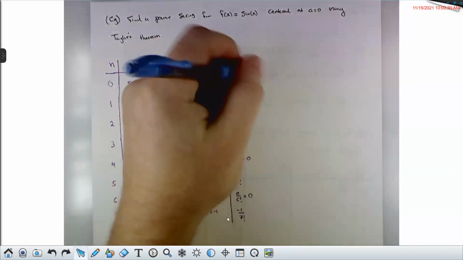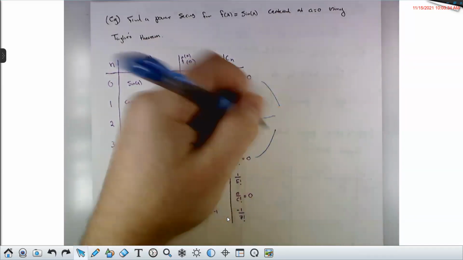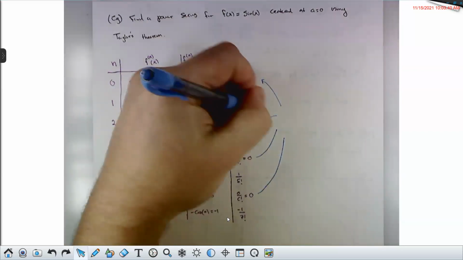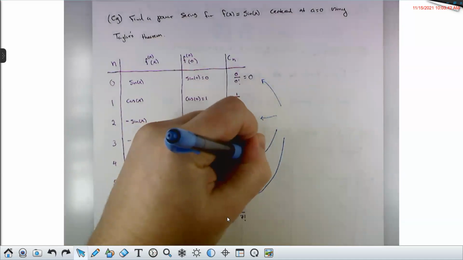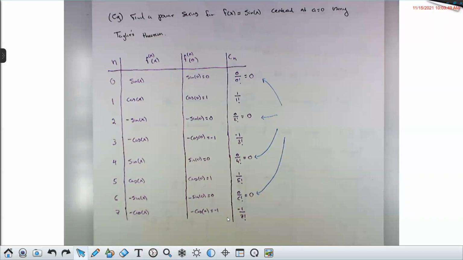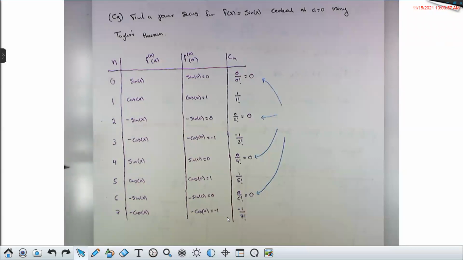So what do you notice about these guys? When n is 0, 2, 4, or 6, Cn is equal to 0.